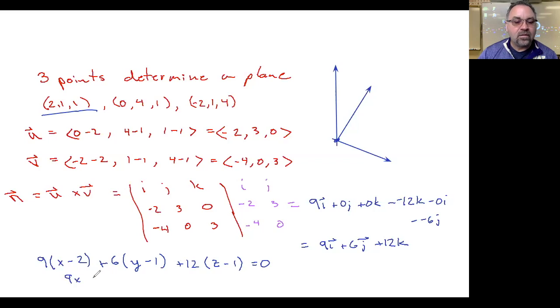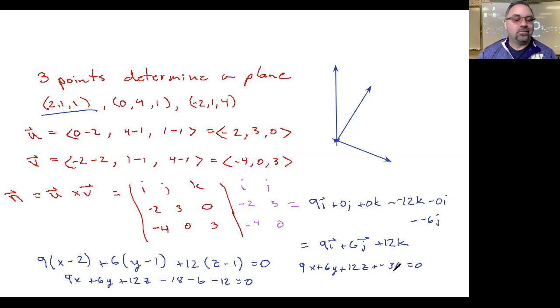9x, 6y, 12z. And notice we have a negative 18 from the x, a minus 6 from the y and a minus 12 from the z. This is a negative 36. So 9x plus 6y plus 12z minus 36.